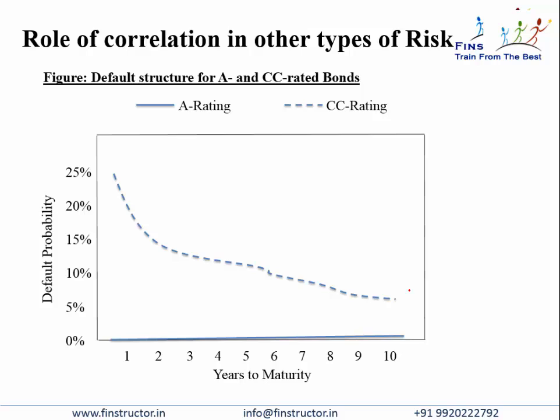For a CC rated bond, similarly, we've seen that the 1 year to maturity default probability is high. With 10 years to maturity, the default probability is lower, but much higher than the A rated bond, so 5%. Similar diagrams we can construct for our portfolio and calculate the risk of our portfolio.